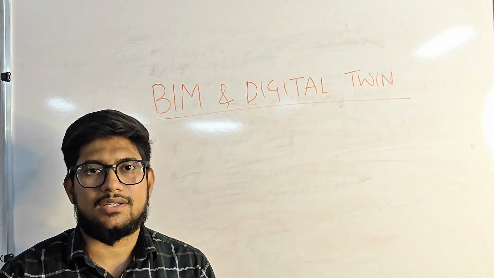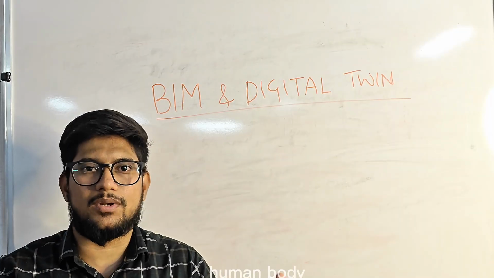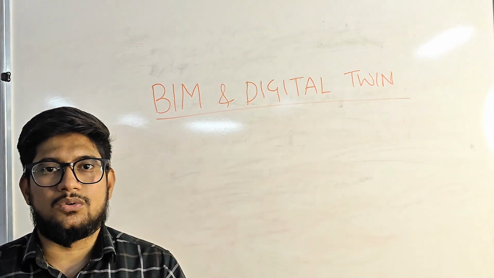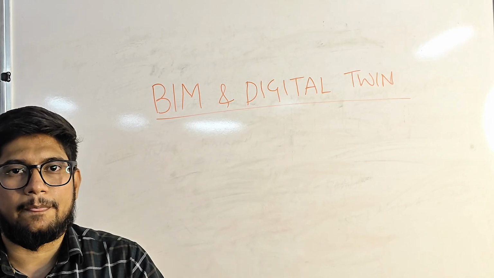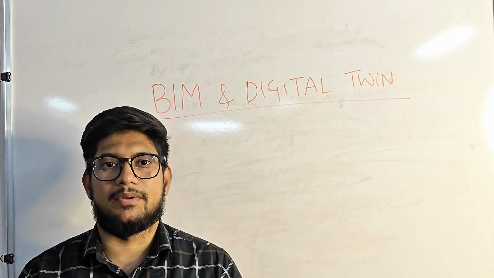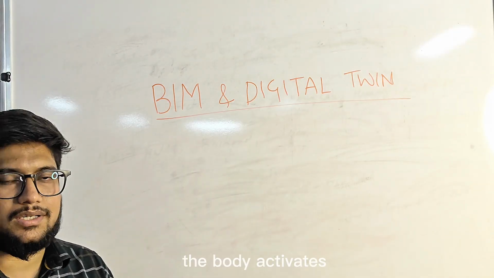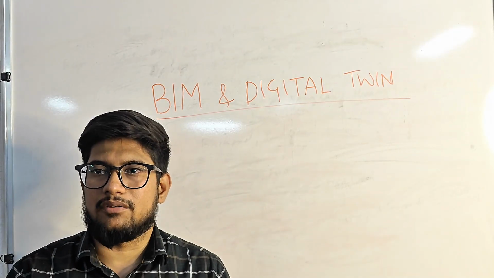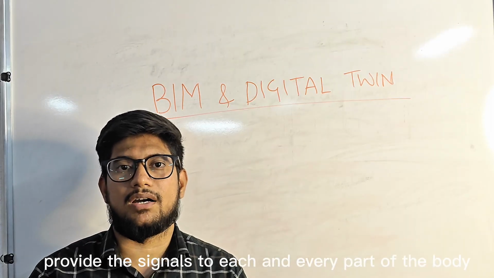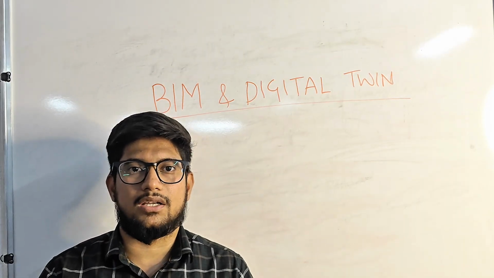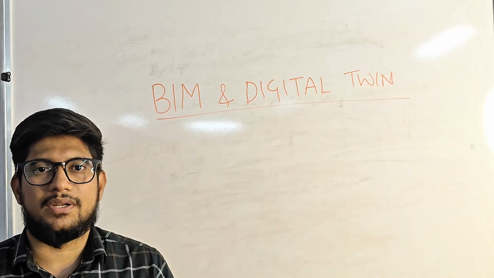In a simple way you can understand, BIM is nothing but, for example, we created one human body, okay. For example, there is no brain, we created one complete body, that is nothing but BIM. So once we add the brain, the body activates, right? If we add the brain, the brain will provide signals to each and every part of the body, with the help of which we are able to, for example, use the hands. Why? Because the brain is active.